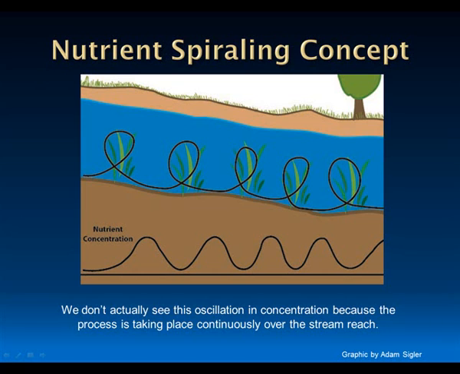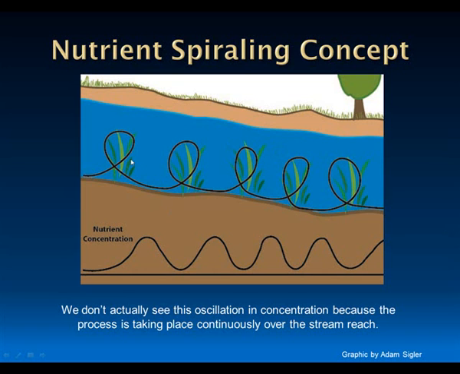A concept that's important to think about with nutrients is what's called the nutrient spiraling concept. And I've drawn a cartoon of that here, where we can think about soluble nutrients coming downstream and then being taken up by plants, and then those plants senesce or die and are degraded, and the soluble nutrients are released again, and then they're taken up a short distance downstream and they're spiraled downstream like this.